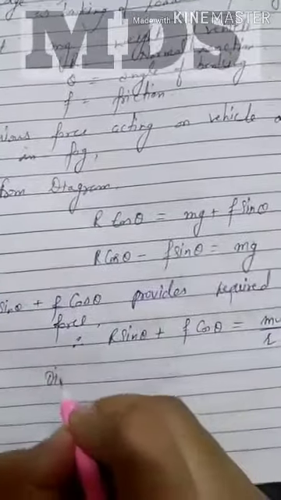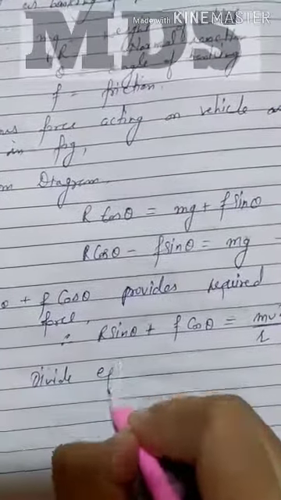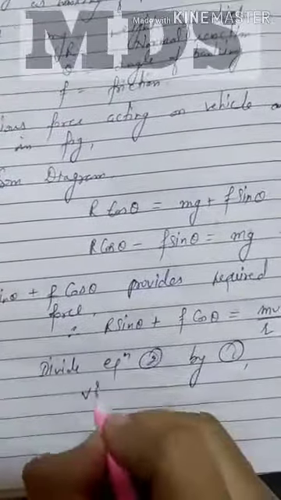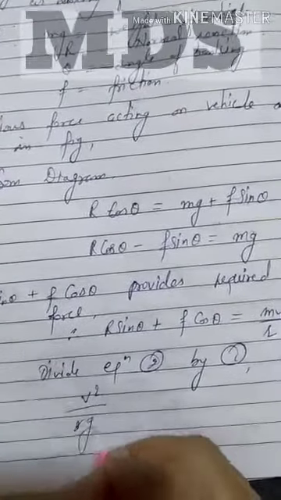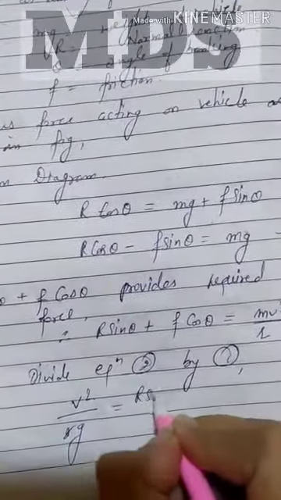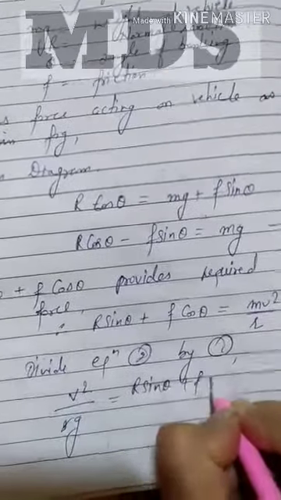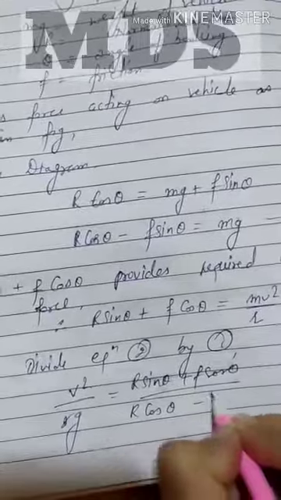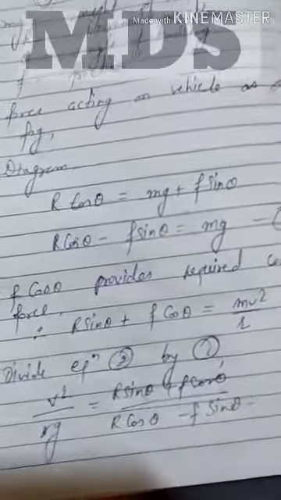Now divide equation second by first. We get v square by rg, since m cancels out, equal to R sin theta plus f cos theta by R cos theta minus f sin theta. Now we will solve this relation.